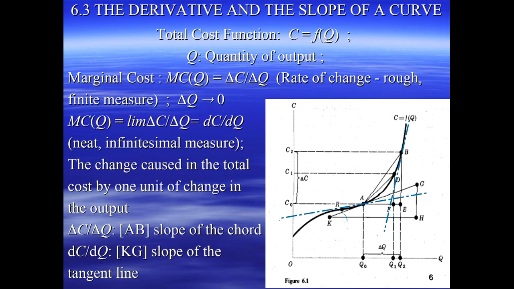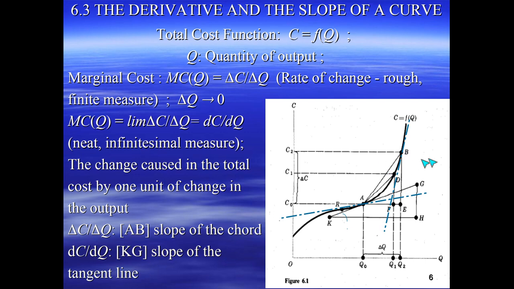In any mathematics book, you will see y equals f of x, this function. On the horizontal axis, you will see x's, and on the vertical axis, you will see y's. So we will obtain y equals f of x and delta y over delta x, or dy over dx, as rate of change and the derivatives.